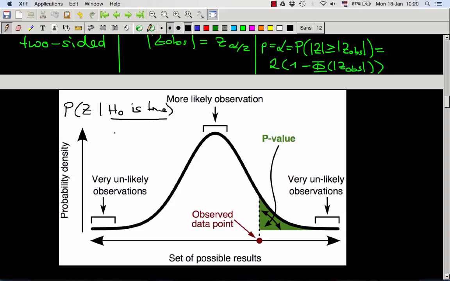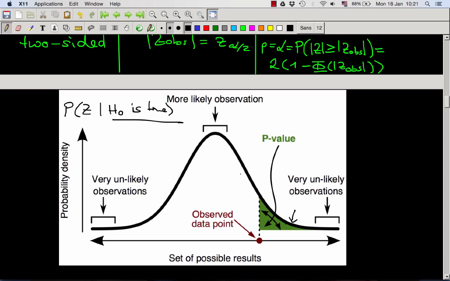This is very important. The p-value only tells us how likely the observation is. If it is like here, we have observed something that is quite likely, and probably H0 is true. And if the p-value falls like here, then it is very unlikely that H0 is true, because we got this very unlikely observation that falls into this unlikely part of the distribution.